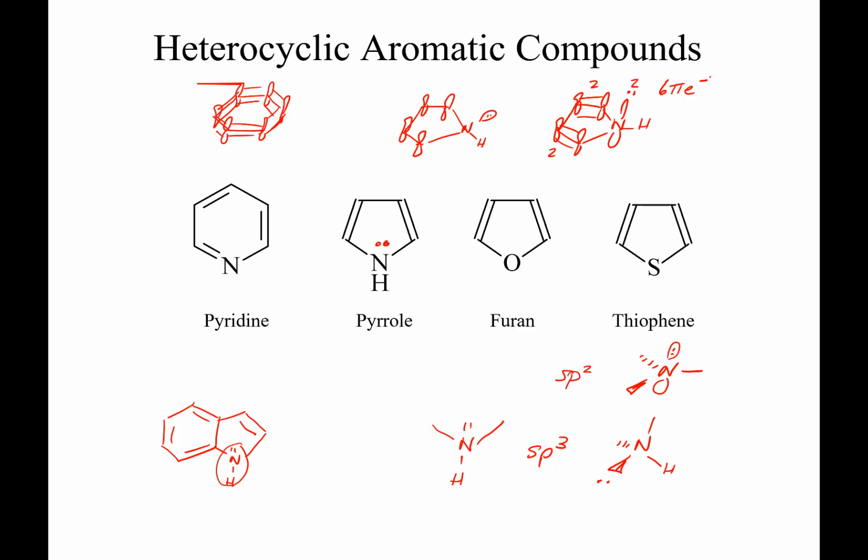All I have to do is be sp2 hybridized so that I can contribute my 2 electrons into the pi orbital to now give that overall system 6. And so that's what it does. It chooses to make the system super stable and aromatic.